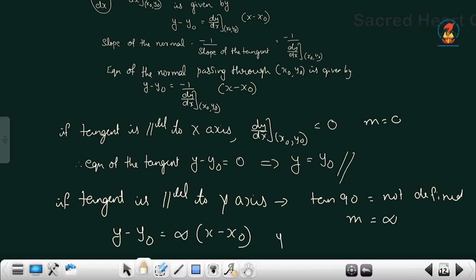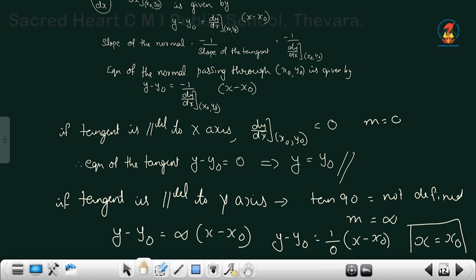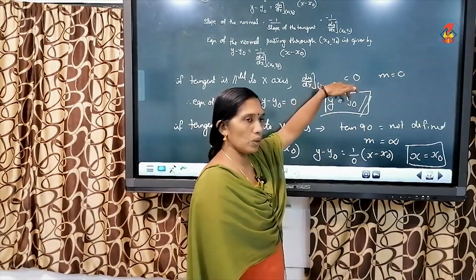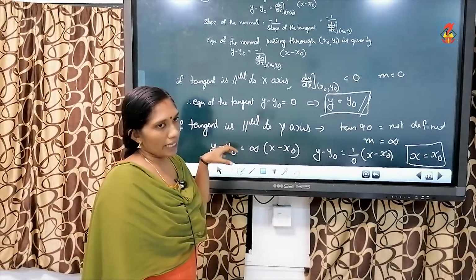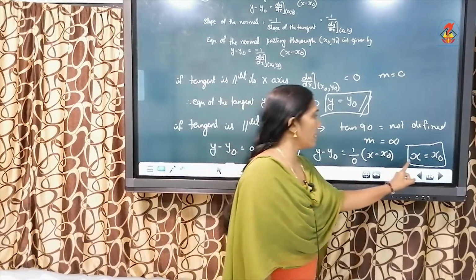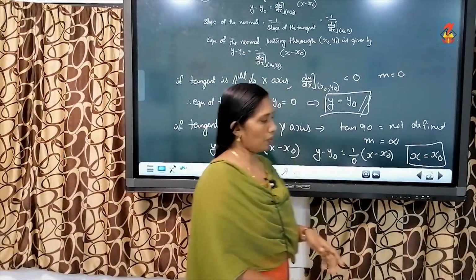Or this infinity we can write as 1 by 0, so y minus y0 is equal to 1 by 0 of x minus x0. Then cross multiply, so the left hand side is 0, and we can write x is equal to x0. So you have to remember these two. When the tangent line is parallel to the x-axis, the equation of the tangent line becomes y is equal to y0. And if the tangent is parallel to the y-axis, the equation of the tangent becomes x is equal to x0.